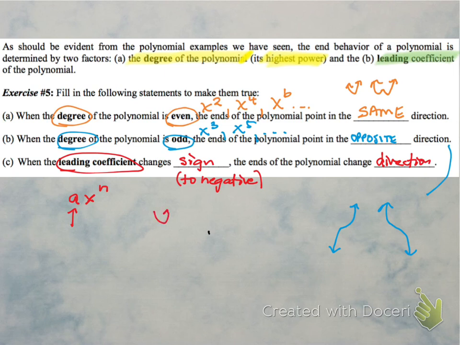So my vertical reflection would go like this, or my cubic would flip to look like this. Okay.